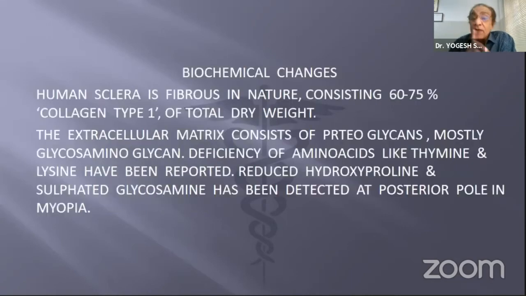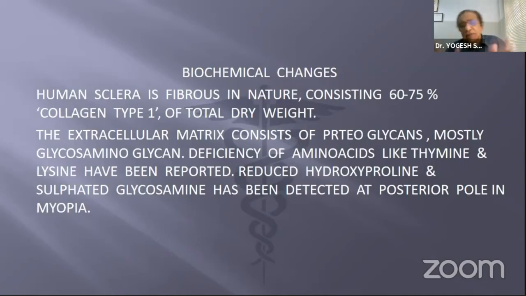Anyway, biochemical changes. Human sclera is fibrous in nature, consisting of 75% collagen type 1 of dry weight. The extracellular matrix consists of proteoglycans and glycosaminoglycans. Deficiency of amino acids like thiamine and lysine has been reported to be a cause for the progression of myopia.